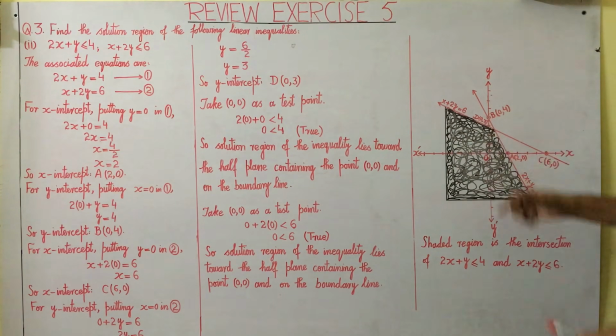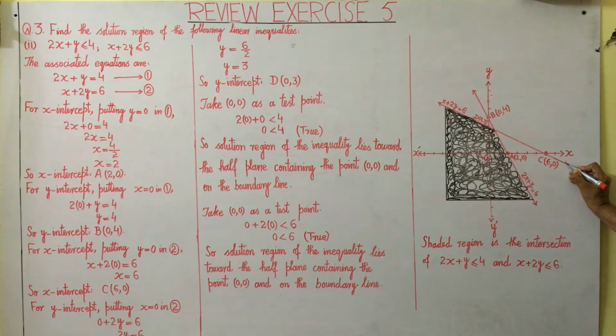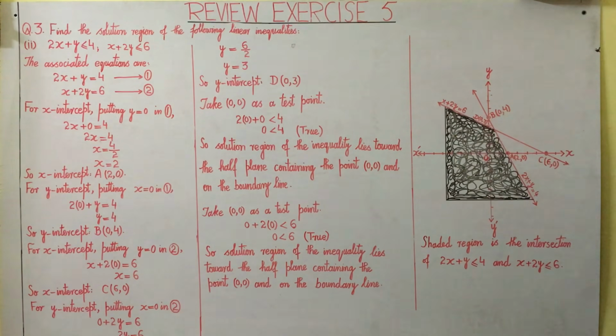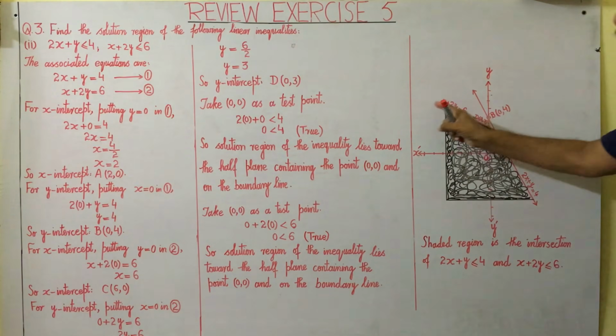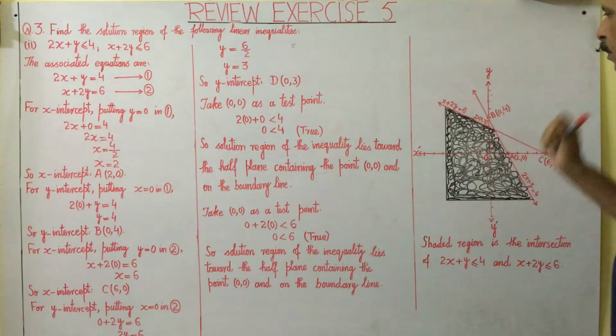This is point D. Let us, with the help of a foot ruler, draw a line which passes through points C and D. This line is x plus 2y is equal to 6.